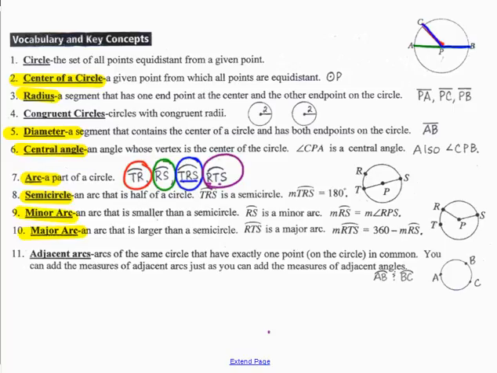Minor and major. A minor arc is one that's smaller. Major arc is that arc right there. Adjacent arcs are arcs that are next to each other. So here's one arc. Here's another arc. They're adjacent. They're right next to each other.